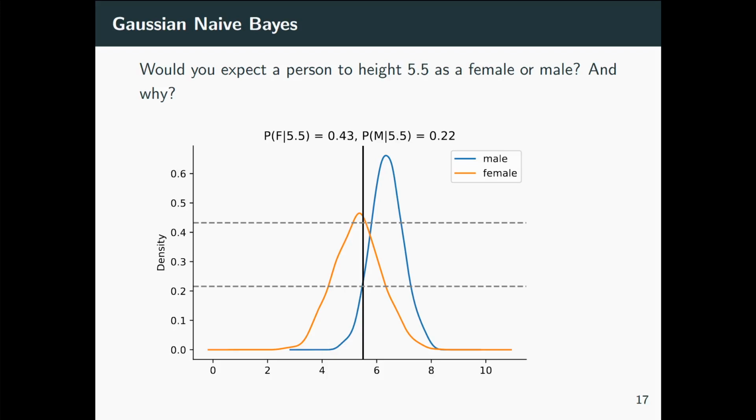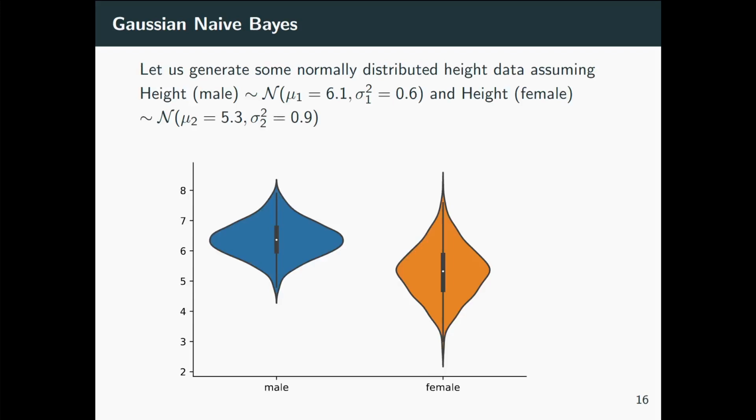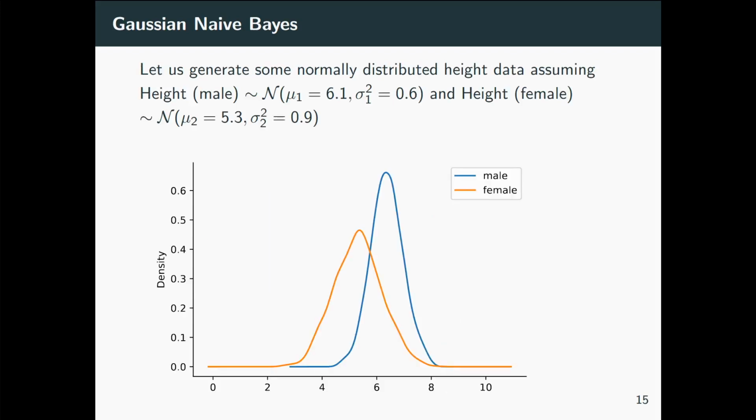Let's rewind this discussion a bit and see how we would have solved this problem in a machine learning sense. I already created some distributions and gave them to you. In a supervised learning sense, you would be given samples, these 1,000 samples of, let's say, males and females, and their respective heights.